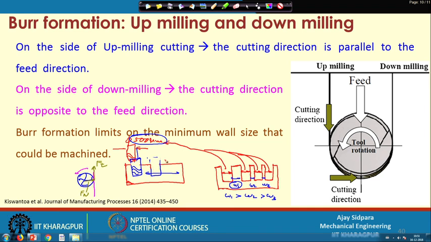Right, and now consider that your cutting tool is here at this location, the last one. When you are cutting the last one, you have already cut one particular wall which is here. So, you are cutting your last wall here, let us discuss this only. So, this is your cutting tool.